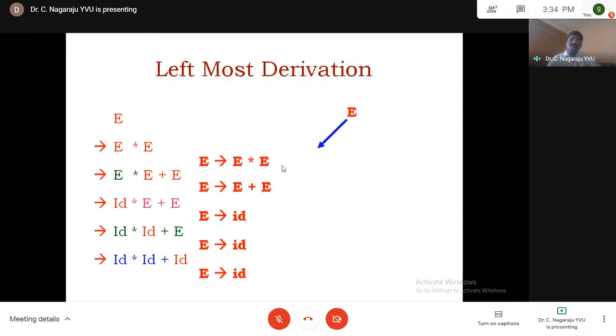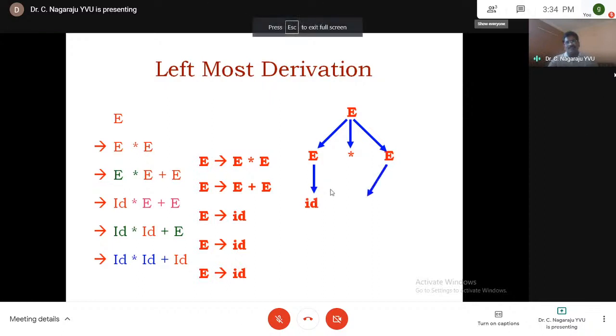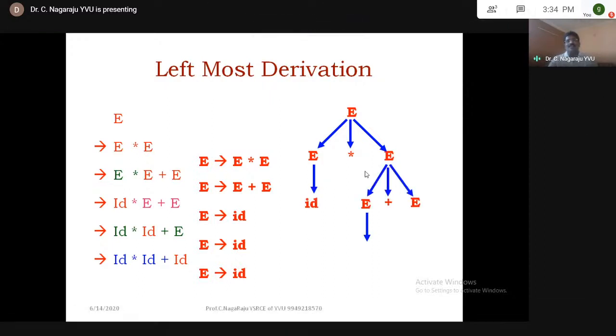Then E star E, and next E plus E. Next it will not directly display ID; here it will display ID, and next this is ID. So this is the leftmost derivation.